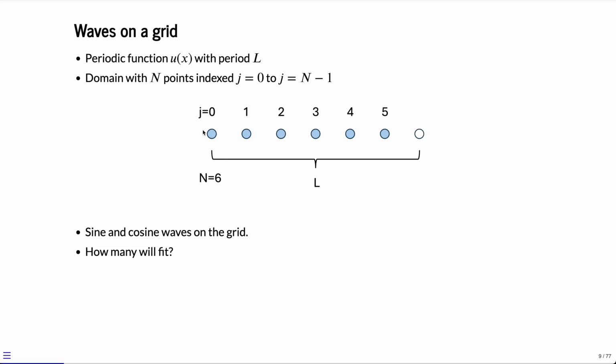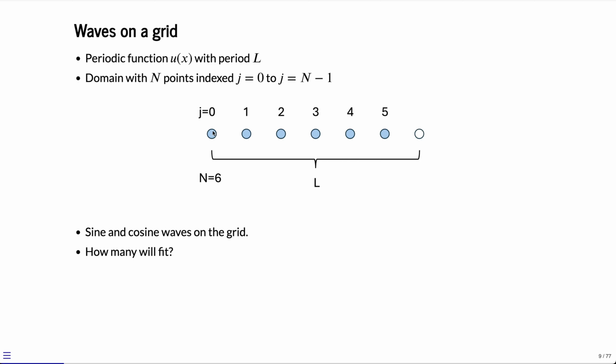And our grid, suppose we have big N is 6 grid points, then our grid points would be index j is 0, 1, 2, 3, 4, 5. And we're periodic on big L. And notice that big L spans to this next point with an open circle. That's not part of our grid because this point happens to be the same as point j is 0 due to the periodicity.